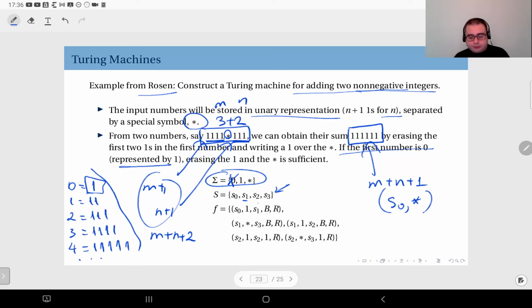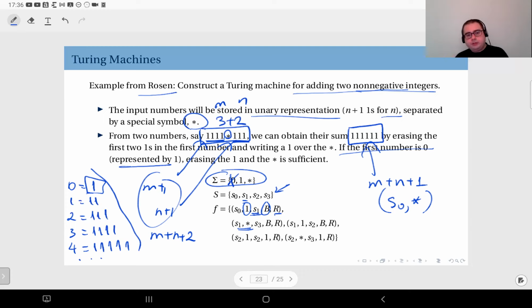Now, I'm going to take the first one and replace it with a blank. So that's getting rid of the first one. I also change my state to S1 and go right. In that position, I can either see the separator, the asterisk, or another one.